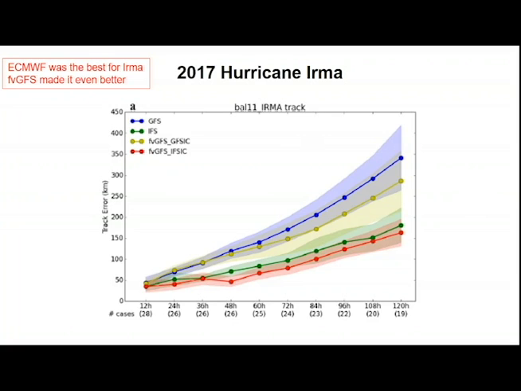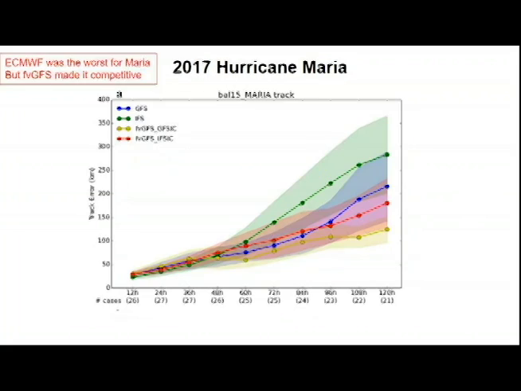One is the GFDL model using the GFS initial condition. The other is the FV3GFS GFDL model using the ECMWF initial condition. For Irma, they do the best, but when we use their initial condition, we improve upon the best possible. So you want to ask, what happens when their forecast is a bust?